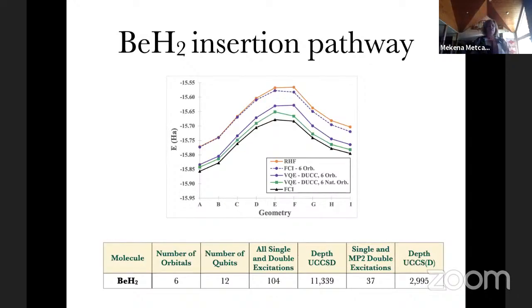Just to tell the story of doing some of these calculations, this was also a challenging problem to do with VQE. The choice of Ansatz when you have degeneracies was super important. As you go through these reaction pathways, you see level crossings between the singlet ground state and the triplet ground states, even some doublet ground states.